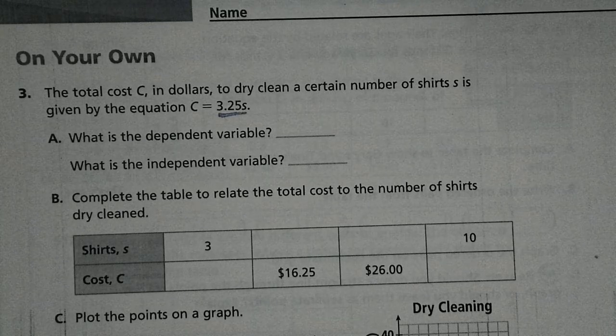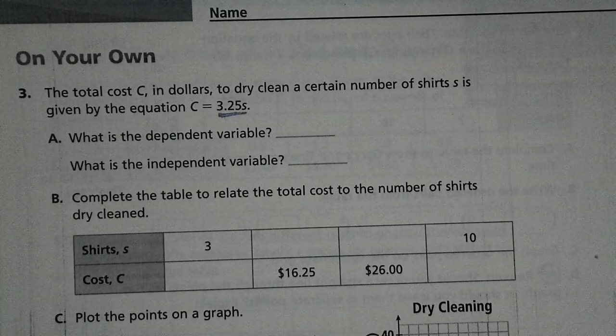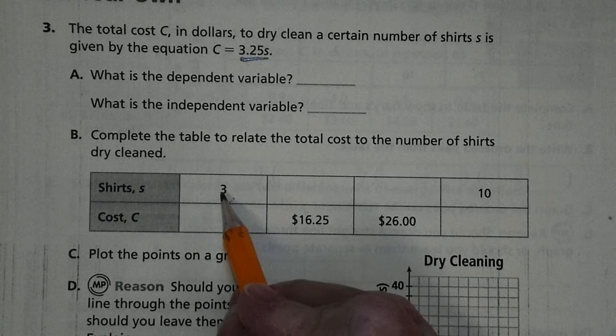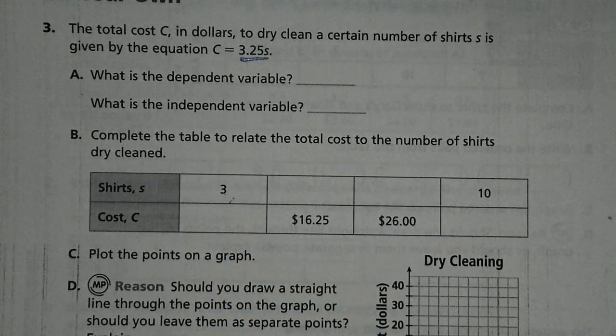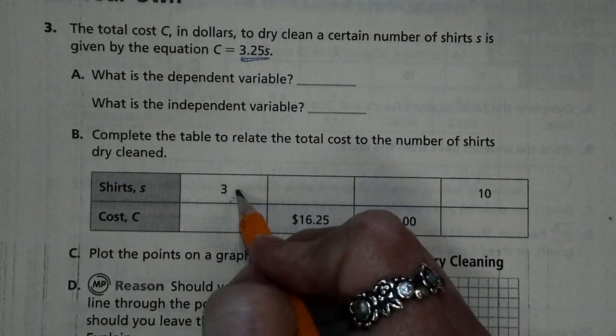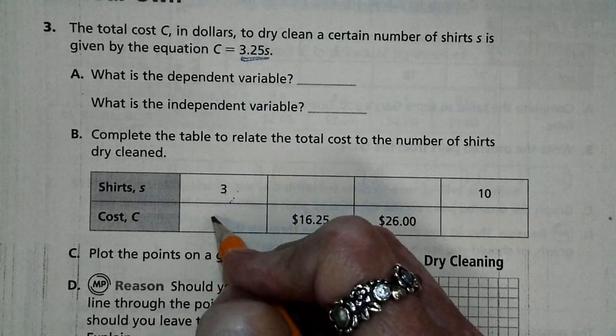Right? So if I know that one t-shirt is $3.25, what will I need to do if I have 3 shirts? So you need to multiply C by 3. Basically $3.25 by 3. Yes.